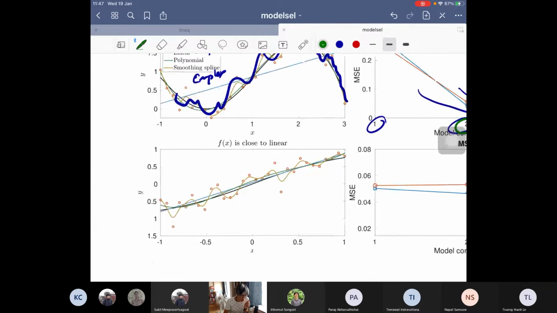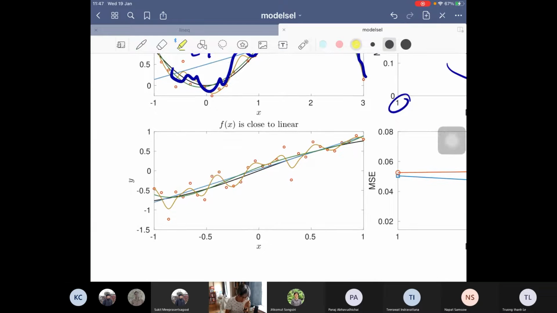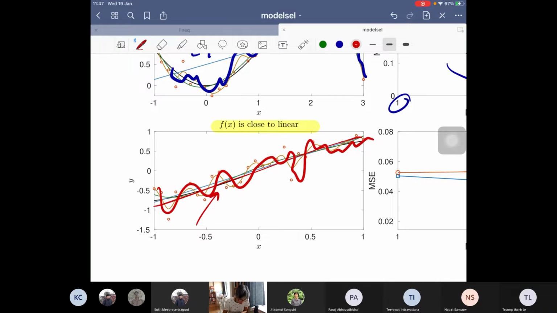Now let's move to the second scenario. This is a scenario where the actual f is close to linear. The actual trend is linear. Okay, what do we see here? Again, in terms of the fitting, you see that the linear model itself also works fine. It can also fit the trend, which is supposed to be linear. Again, the smoothing spline tries to adapt to all these variations in the data.